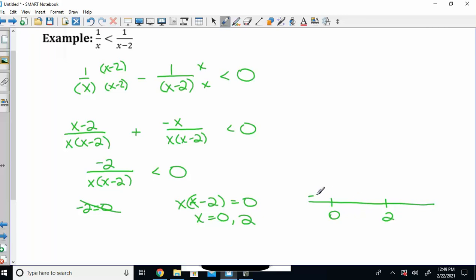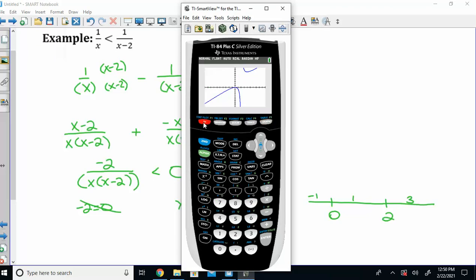So we need smaller than 0, between 0 and 2, and bigger than 2. And you can either plug them in, or if you want, you can graph. If you go to graph this, make sure you throw an extra set of parentheses around the top and the bottom.